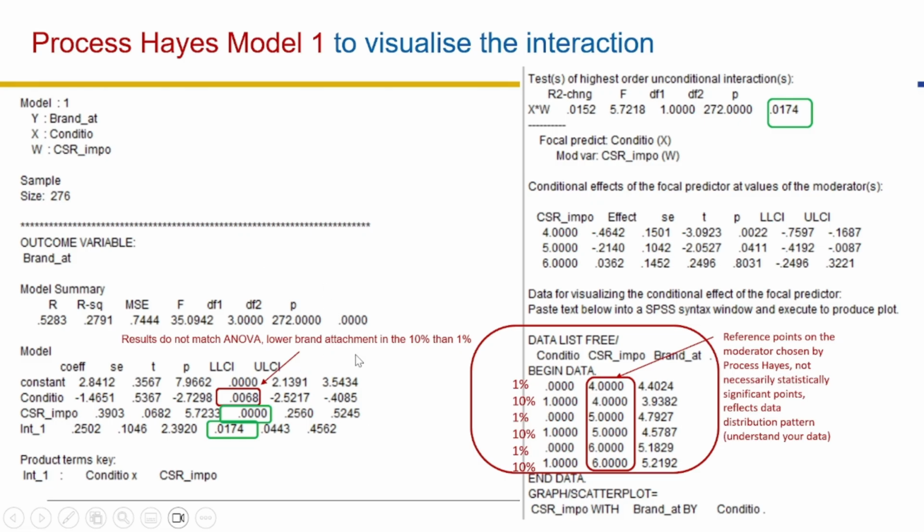Well, because Process Hayes is based on slightly different estimation, and it's using 5,000 bootstraps to calculate the effects. So it creates 5,000 random samples from your original sample. So this is why there could be differences between ANOVA results and Process Hayes. So if you're using different tests to analyze your data, please be mindful that you may have different results based on the analytical approach that you use.